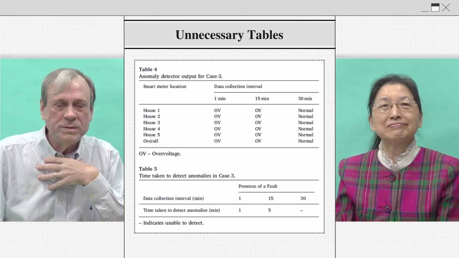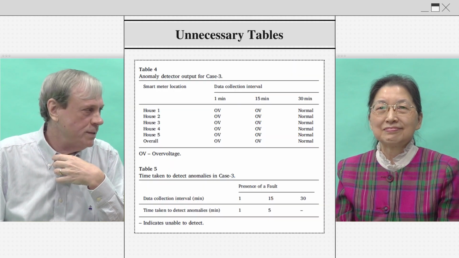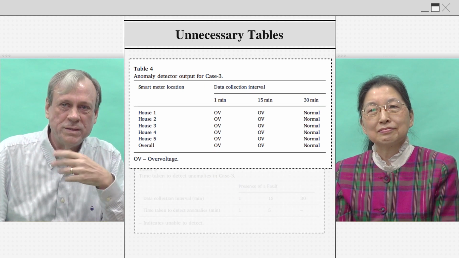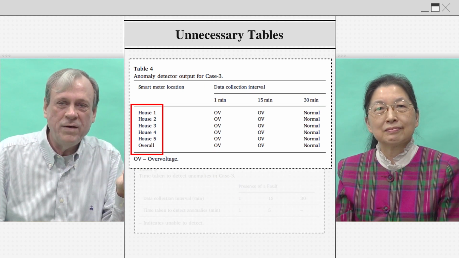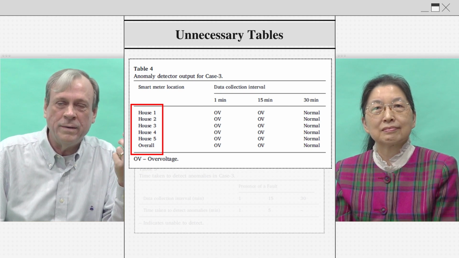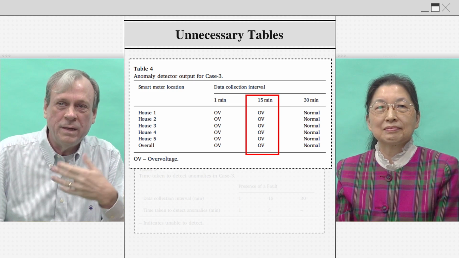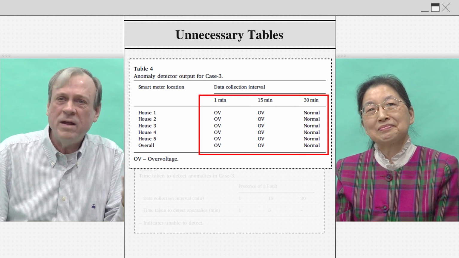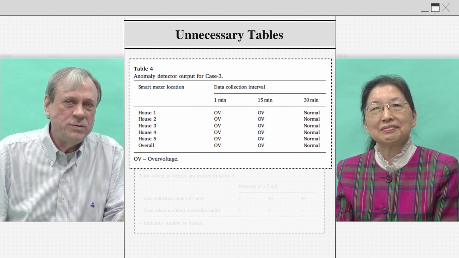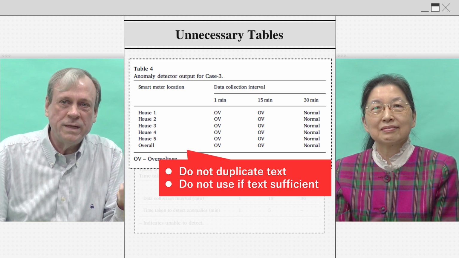Now there's some tables that don't seem like they're really necessary. For instance, table 4 here. They have 5 houses and an overall, and they have overvoltage at 1 minute and 15 minutes and normal at 30 minutes for everyone. So this would be easily summarized in one sentence.